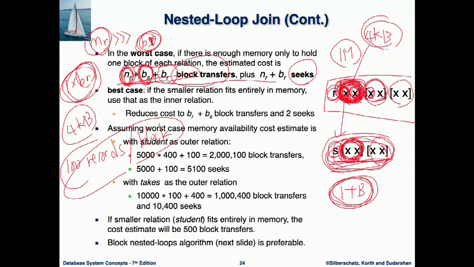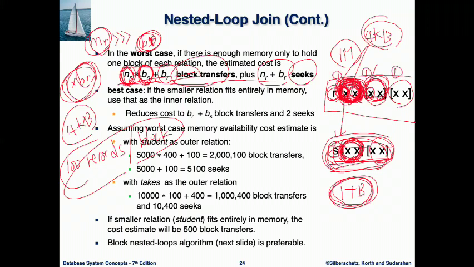And how many disk seeks are you going to have? You need to read each block in R once, and in order to read each block, you will need 1 disk seek, because you read it with 1 disk seek and you do a scan, so you will move a lot on the disk surface. Then when you move to the next block in R, 1 disk seek is needed. So 1 seek, 1 seek, 1 seek.